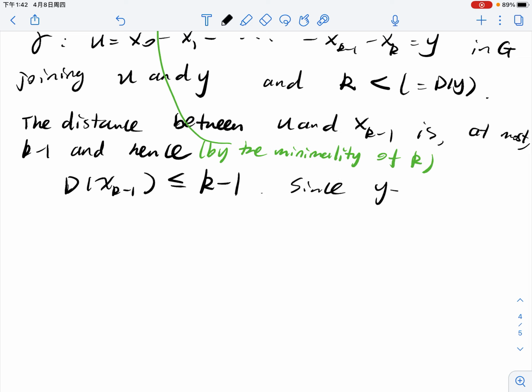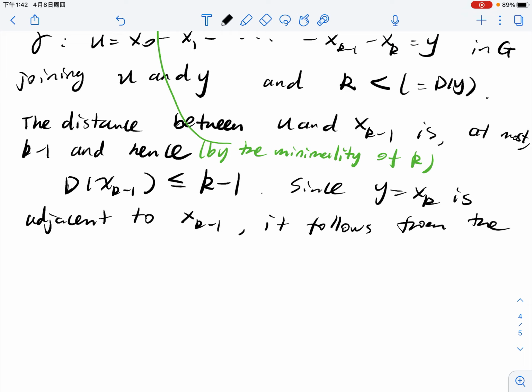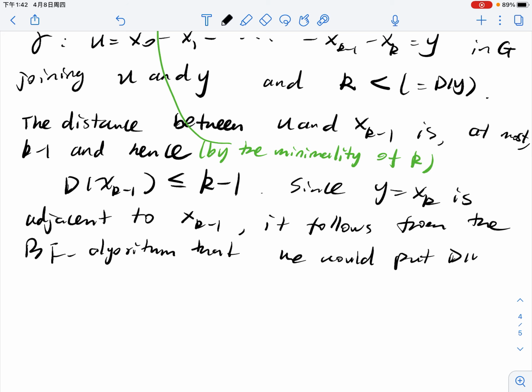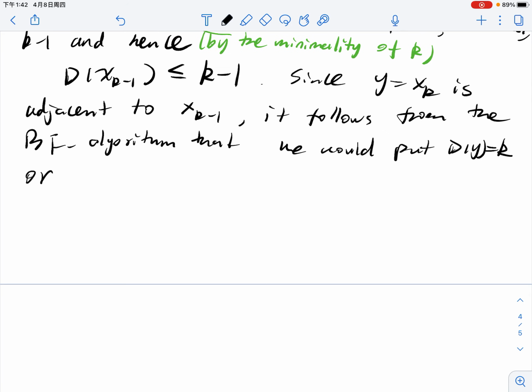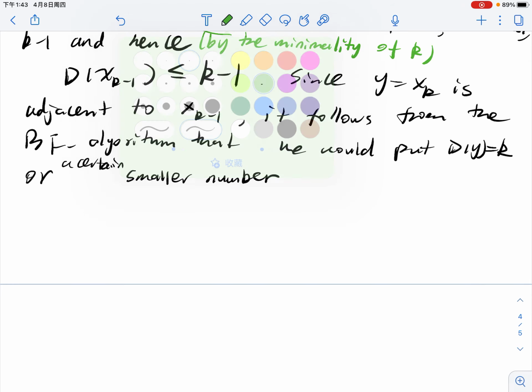And then since y is adjacent to x_{k-1}, it follows from the BF algorithm that we would put dy equals to k, or some smaller number. So why is this smaller?